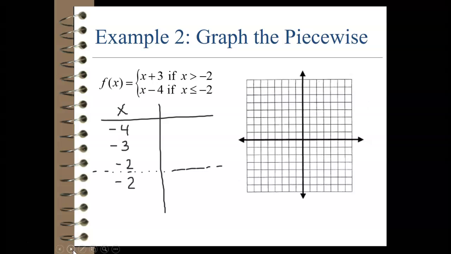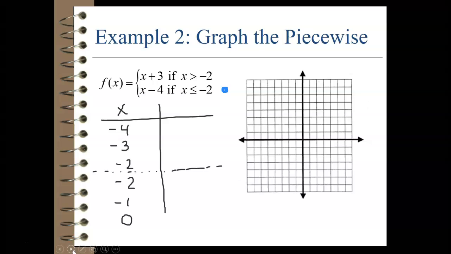Values greater than -2 are -1 and 0. And again, we have to decide which plugs into which. So values of x less than -2 go to the equation x minus 4.